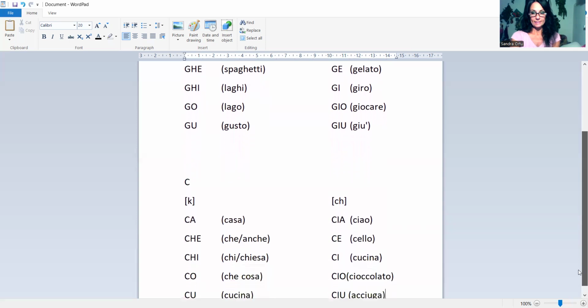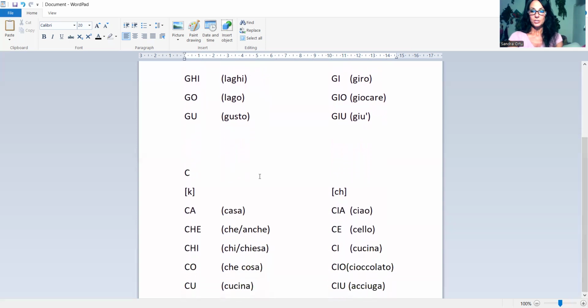Let's come to the letter C, which in Italian is ci. Exactly in the same way, this letter has two sounds, the hard sound K and the soft sound Ch. I have done exactly the same thing. So each sound with each of the vowels with an example next to it.